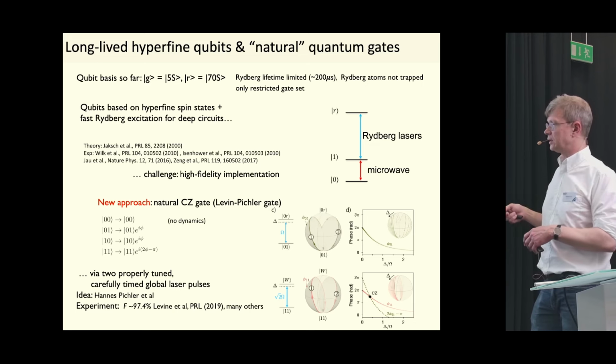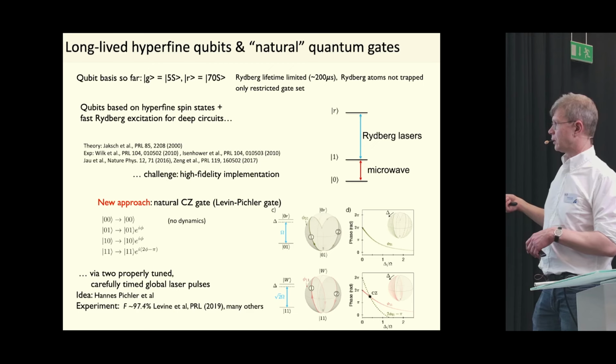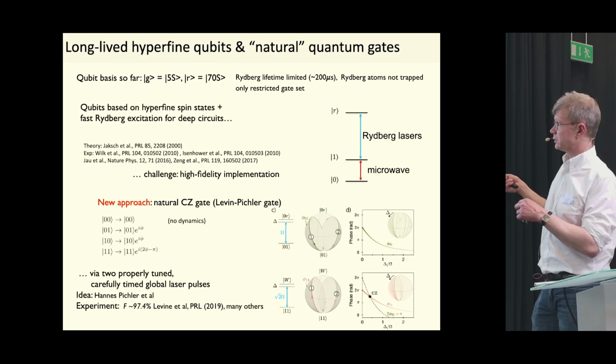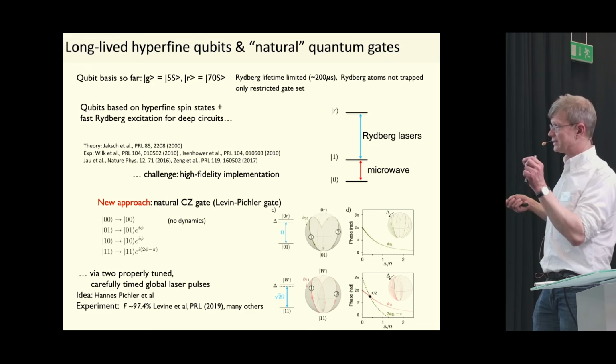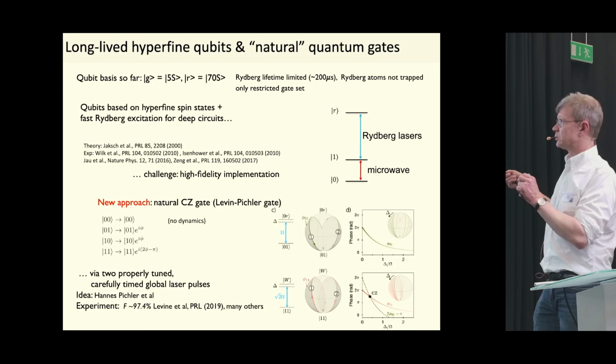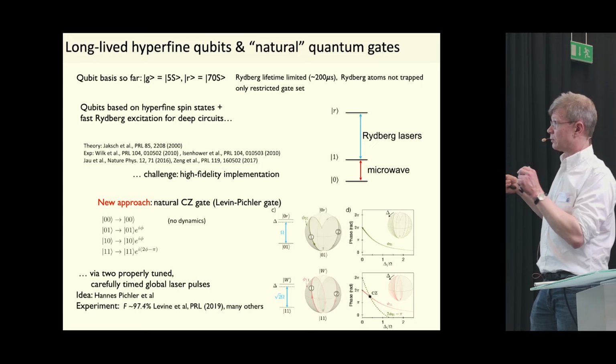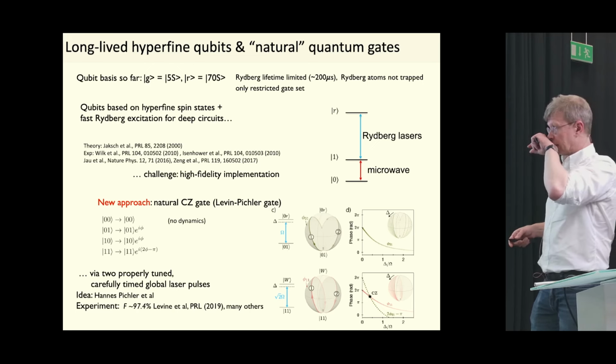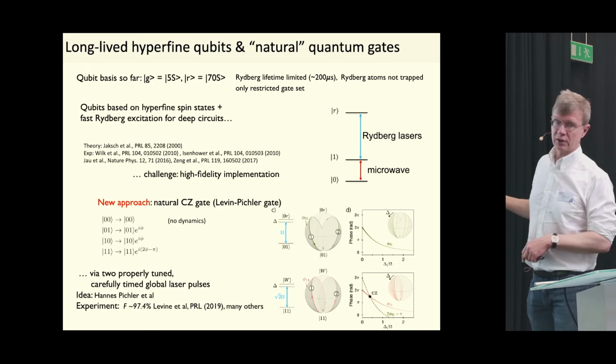The idea is that you engineer your pulse sequences such that your states, with either one atom in state 1 or 2 atoms, undergo exactly the right kind of dynamics such that they are brought back to state 1, but with different phase, depending on whether you had one atom initially in state 1 or both.